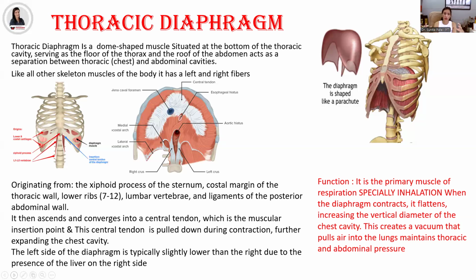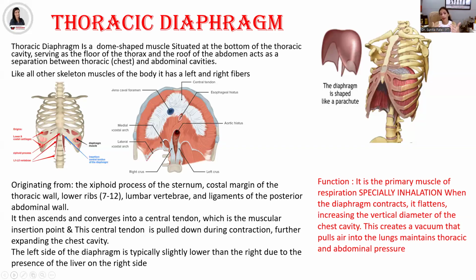This is the origin of one side of the diaphragm muscle, and the other side is the same. All the fibers are going to merge with each other at the central tendon, creating a meeting point of the right and left sides.